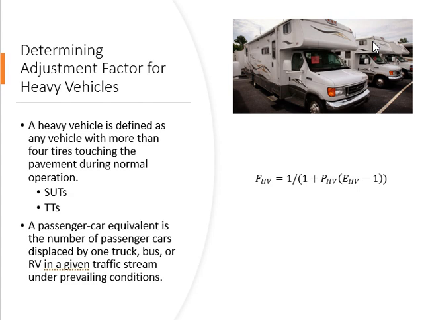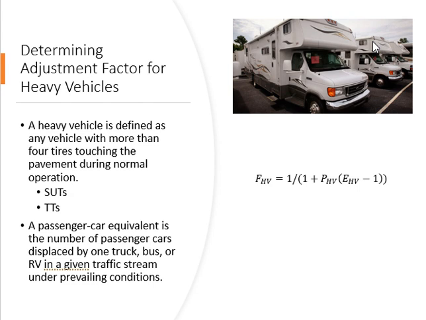Now, what is the idea behind it? The idea behind EHV: if you have 10 trucks and you have 10 cars, the number is the same. But what about the effect? Which one will have more effect on traffic? 10 trucks, right? So you cannot say 10 trucks is equal to 10 cars.